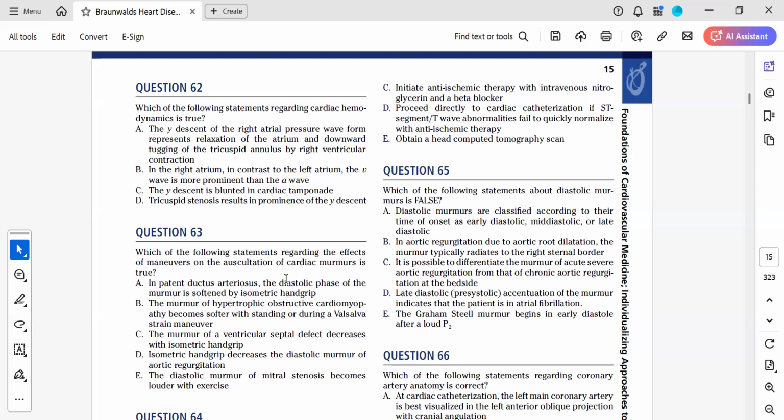That's in acute AR. In chronic AR, after a while, when we have regurgitation, there will be left ventricular dilatation, so you see an eccentric LVH.